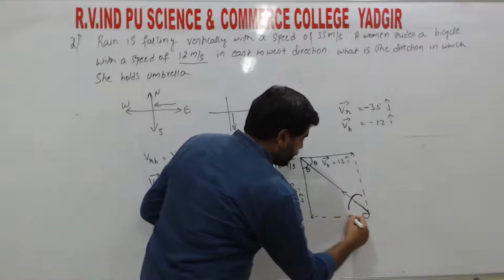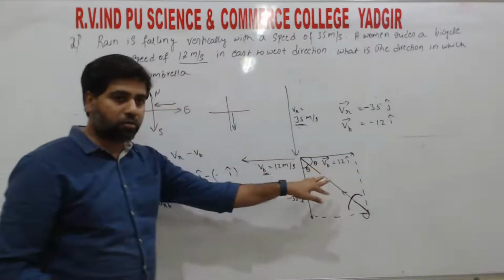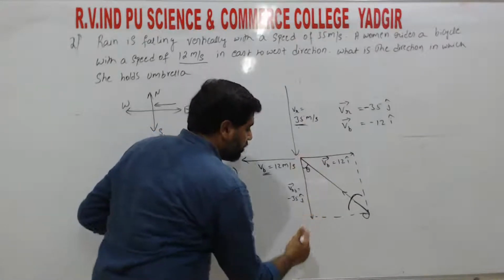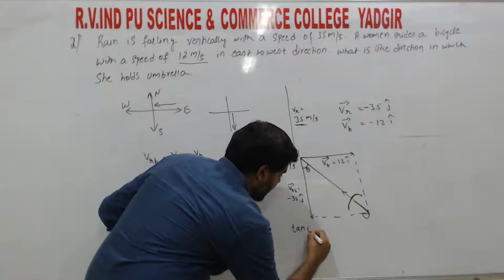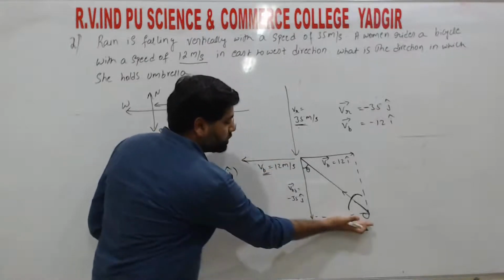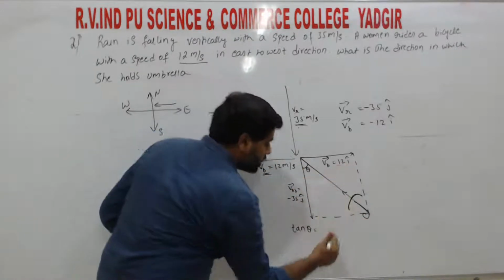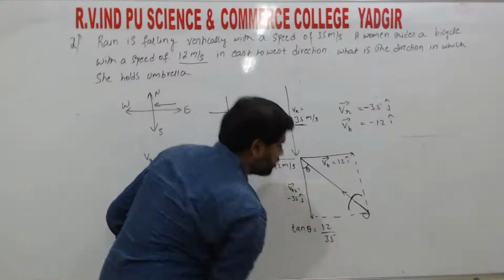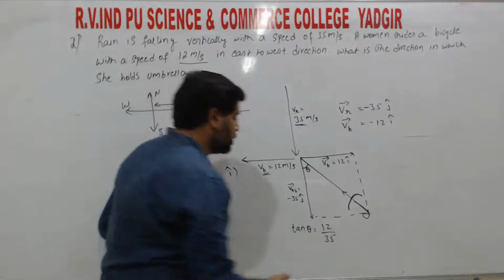If I take angle theta with the vertical, then tan theta is equal to opposite side by adjacent side. The opposite is 12, the adjacent side is 35, right?